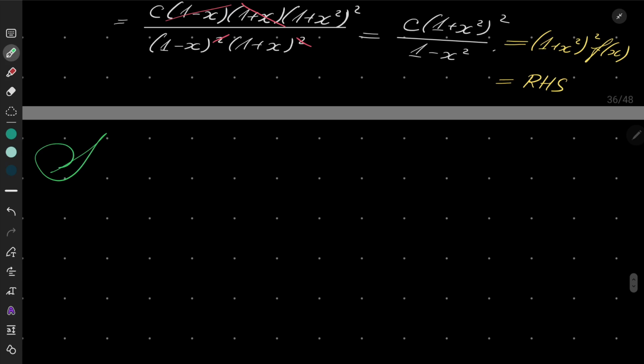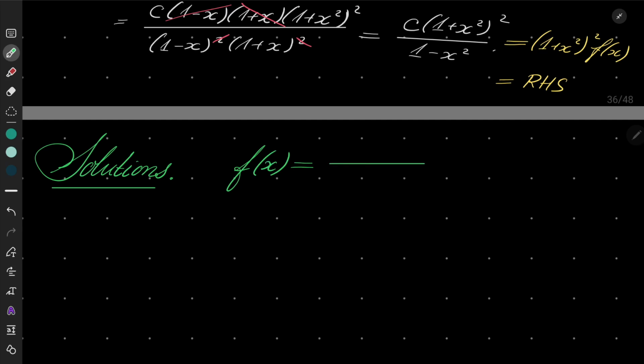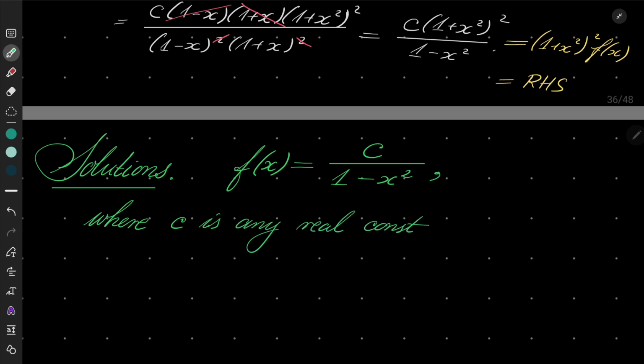We have the following solutions. f of x equals c over 1 minus x squared, where c is any real constant, and obviously x is between minus 1 and 1.